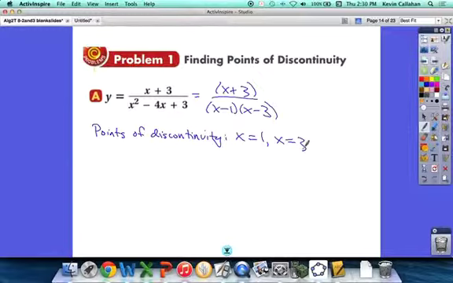Do either one of those factors show up in the numerator? Remember, the only way you could cancel is if the whole factor is in the numerator and denominator. You can't take a 3 and cancel it. It's a term, not a factor of the numerator. So there's no canceling to be done here. So we would say the vertical asymptotes are x equals 1, 3.